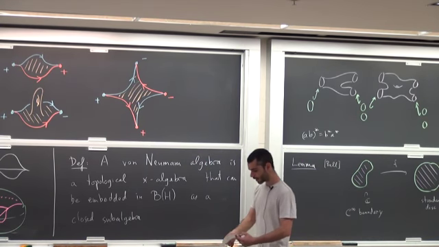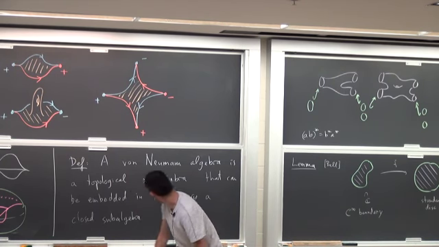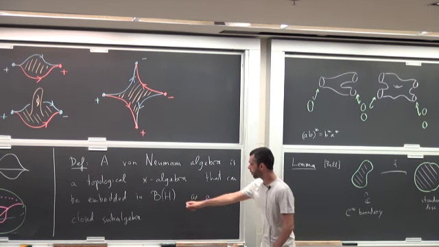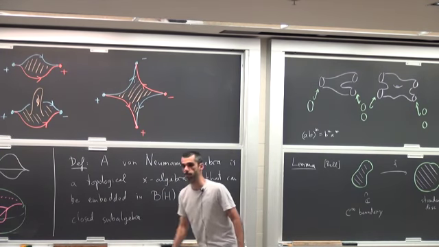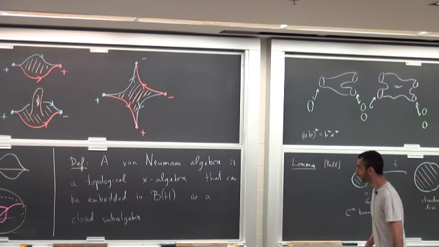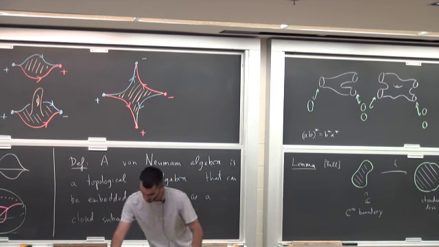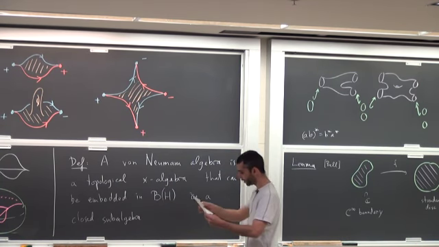So I should say a little bit what the relevant topology on B(H) is, with respect to which we require that this algebra be closed. That topology is called the ultra-weak topology.